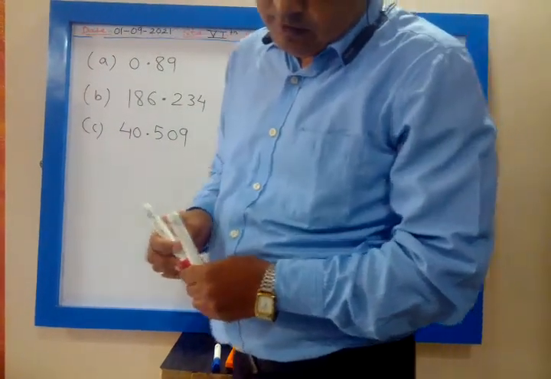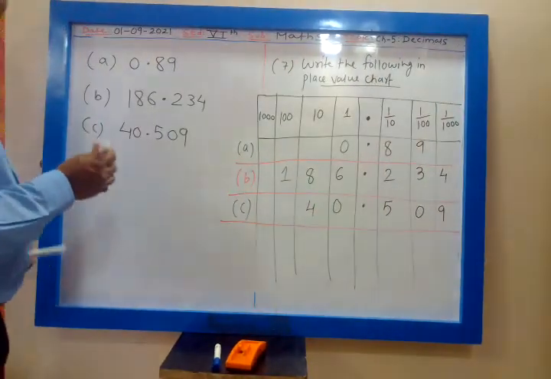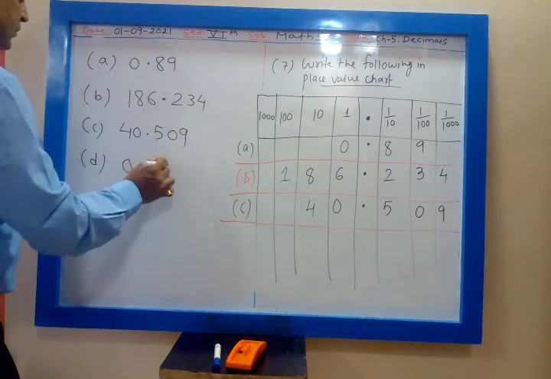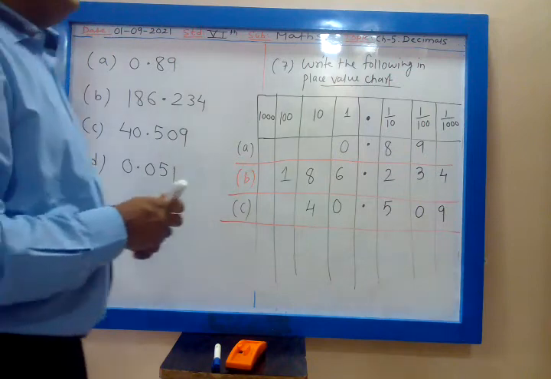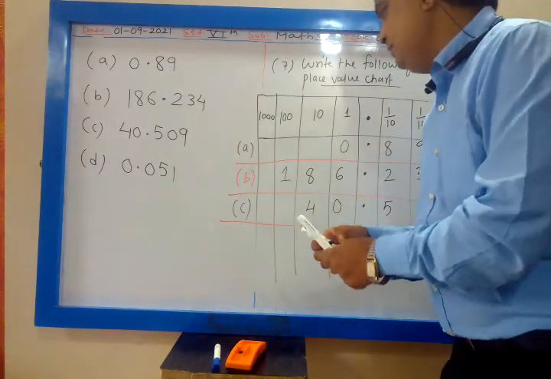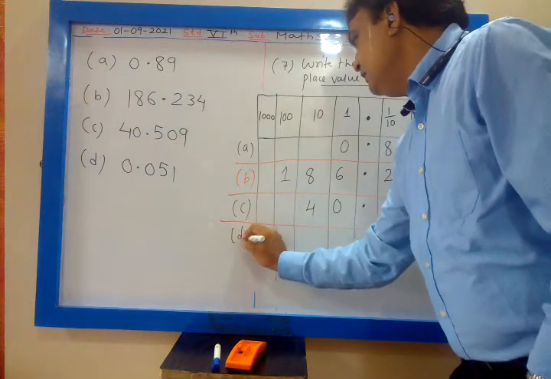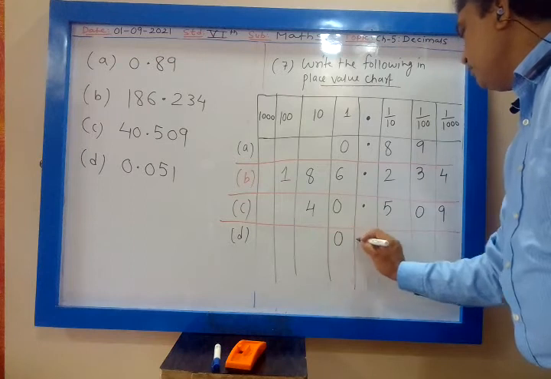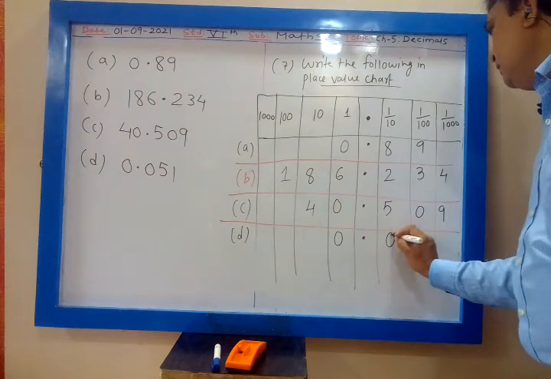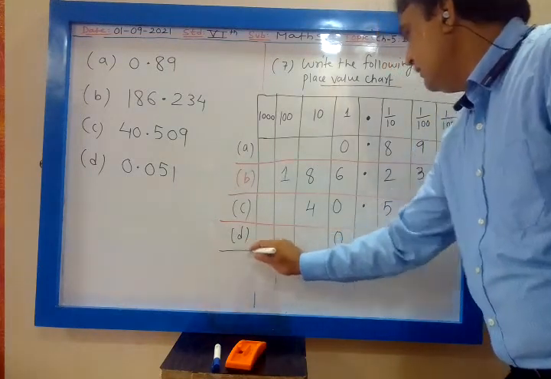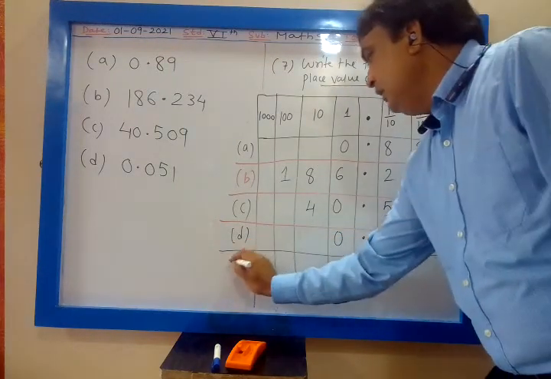Let us do D. 0.051. 0 is at the ones place, my dear. So 0.051. Yes. Now let us do the E part.